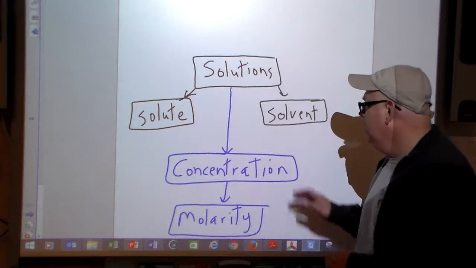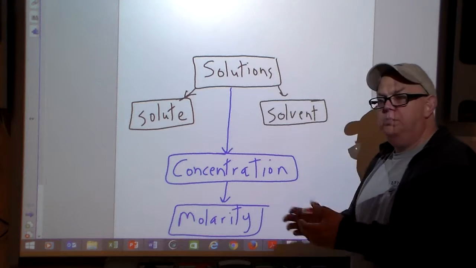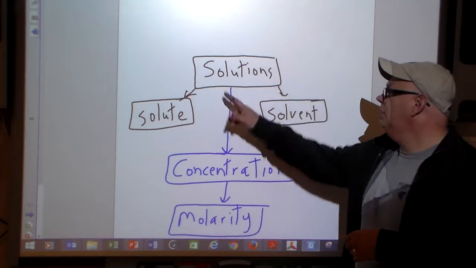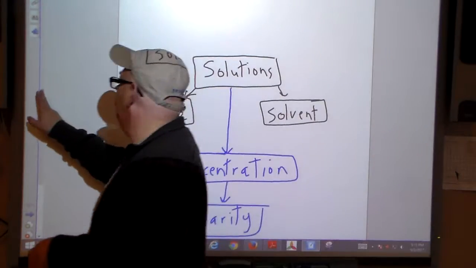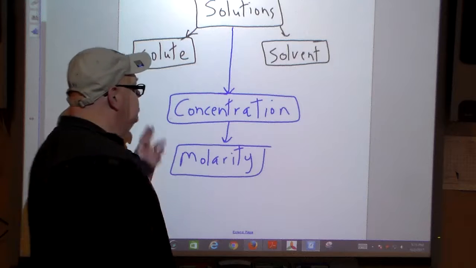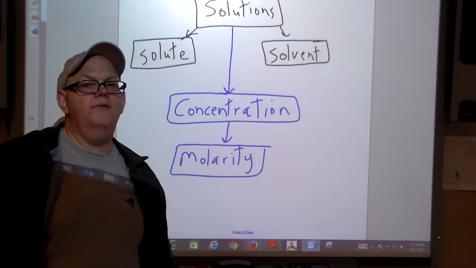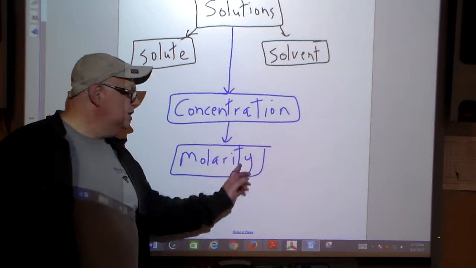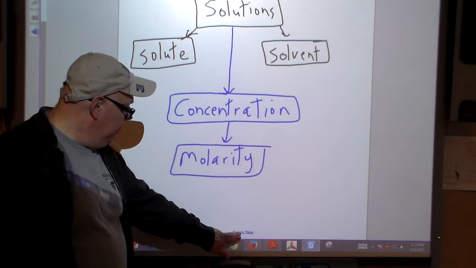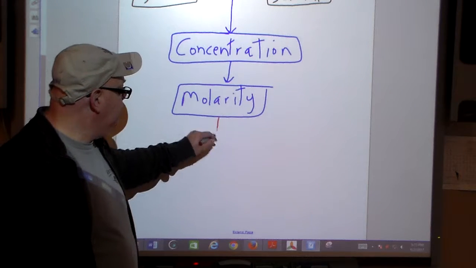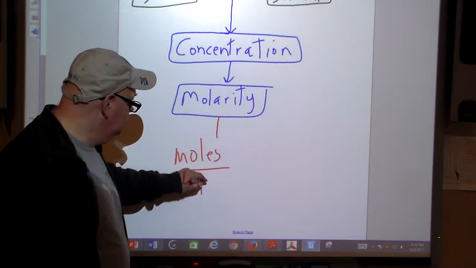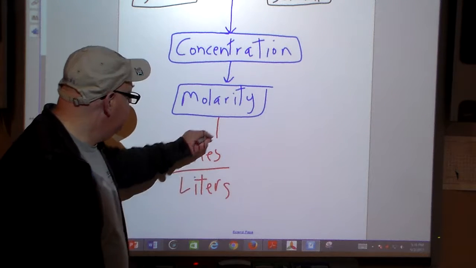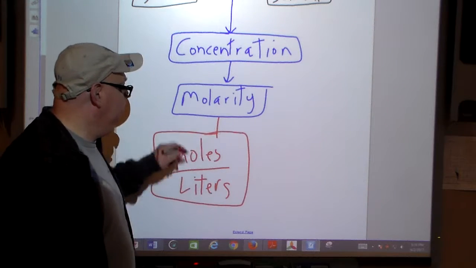That's a big thing. Now, as we're pulling away from water, we've got to look at the idea of solutions and concentration. That would be a pretty important concept. There are different ways to look at concentration, but the one that we focused on this semester is something called molarity. But what is molarity? Well, molarity is moles divided by liters. That is our basic formula for molarity.